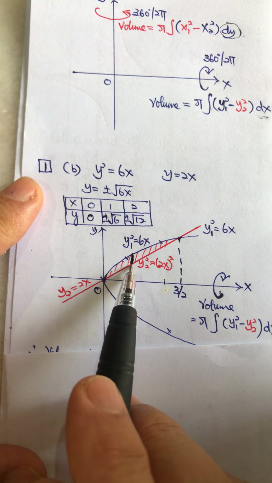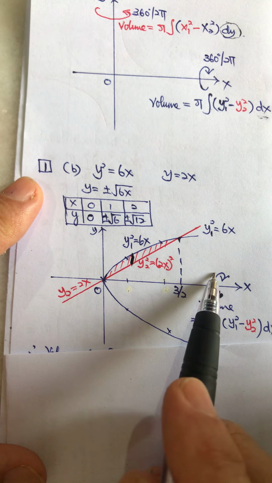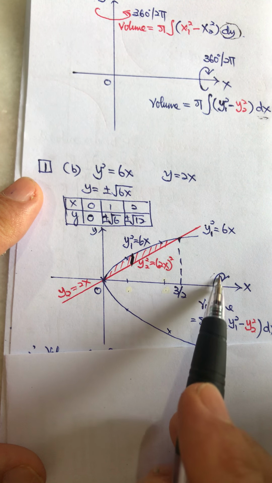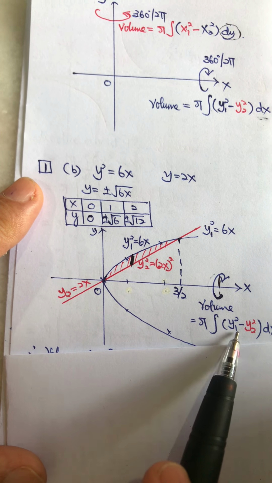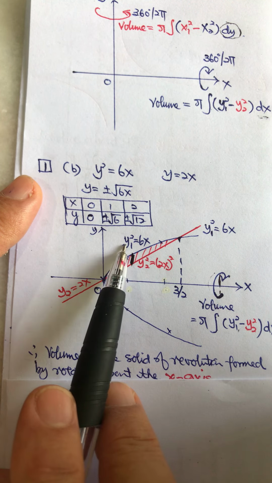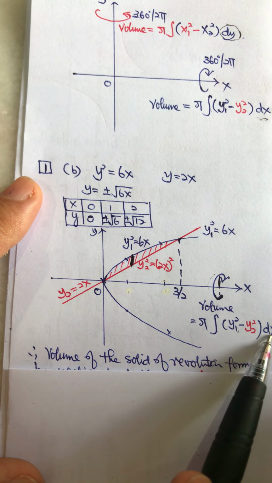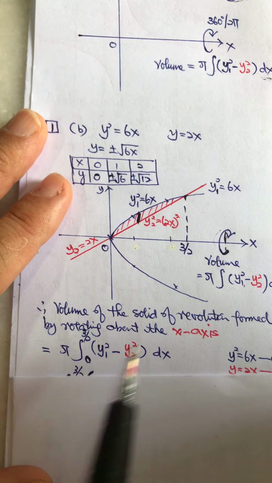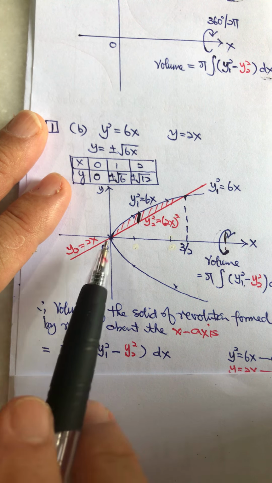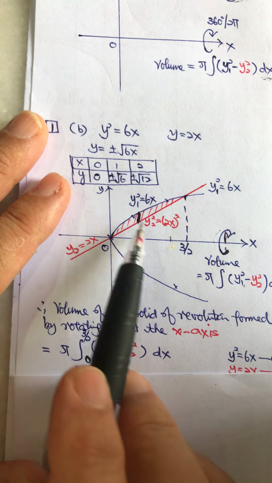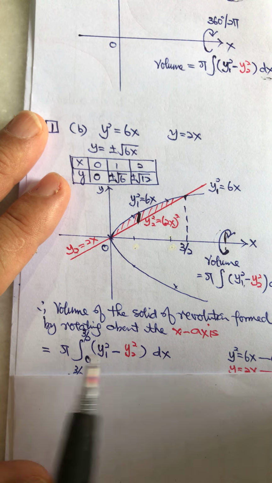This will be the radius. When you rotate, the radius is like this, right? So this is the radius. So how to get it? It is y1 square minus y2 square dx. So I just substitute. You see, rotate about the x-axis, this formula I'm going to use. So y1 square minus y2 square dx, times pi.